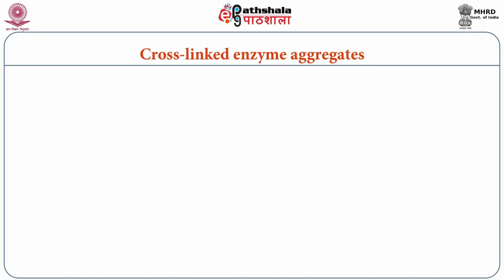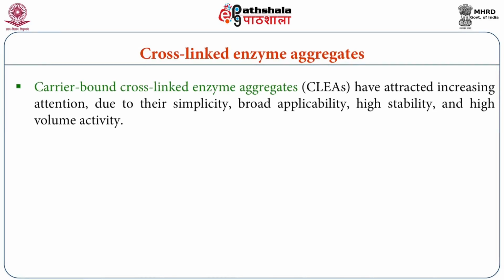Another process in the same area we can see is cross-linked enzyme aggregates. In recent years, carrier bound cross-linked enzyme aggregates have attracted increasing attention due to their simplicity, broad applicability, high stability and high volume activity.